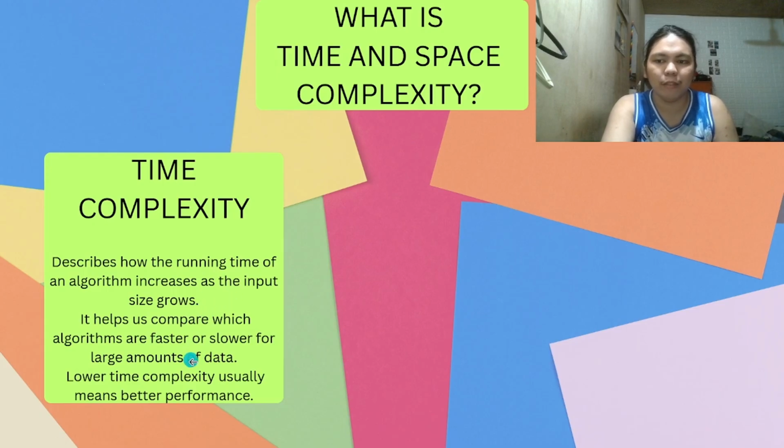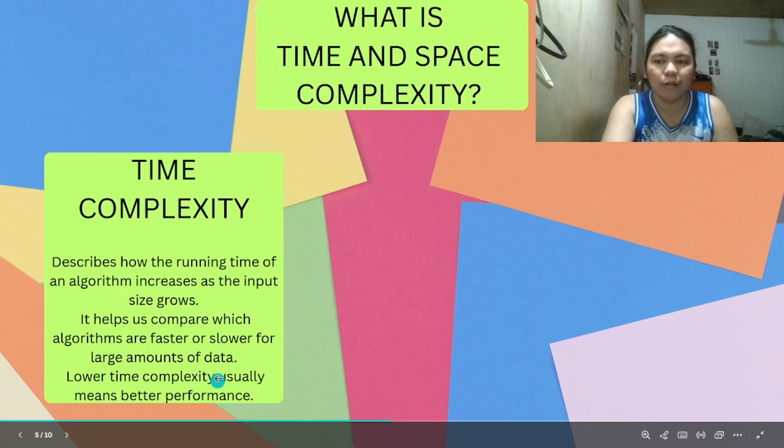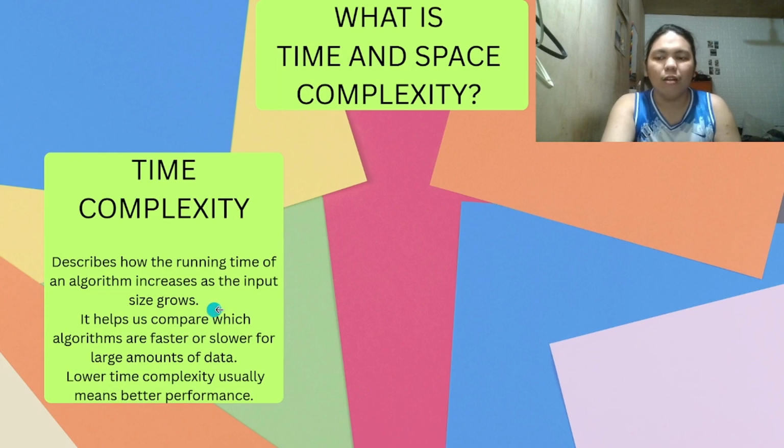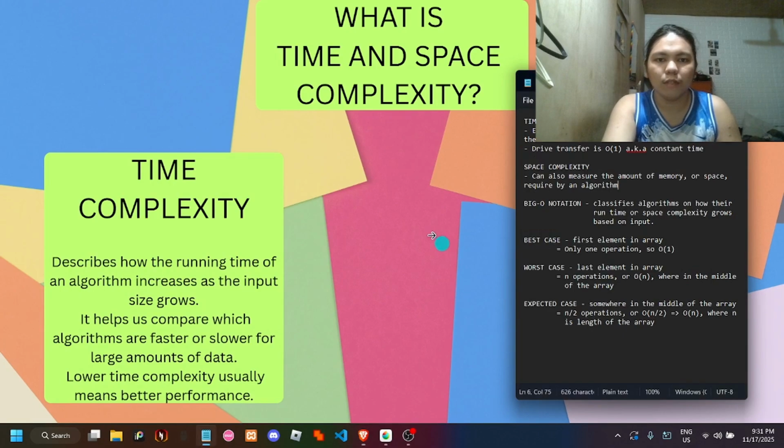It helps compare which algorithms are faster or slower for large amounts of data. Lower time complexity usually means better performance. For example, in an electronic file transfer, the time depends on S, the size of the file. We will see what this sign is later on.